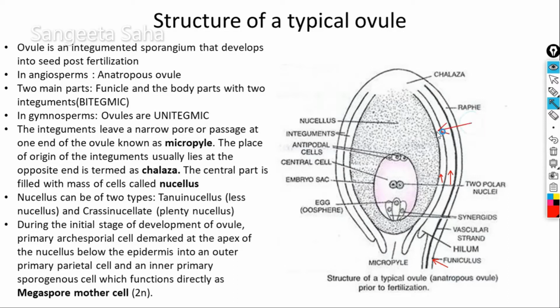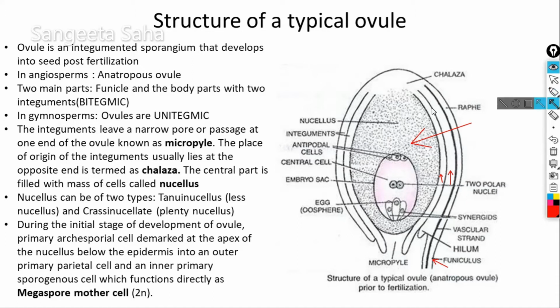Now, this is the central part of the ovule, and this central part is filled with a mass of cells, called the nucellus. The portion that is stretched over this body part is called the raphe. And the place where the funicle is attached to the body, here, is called the hilum.